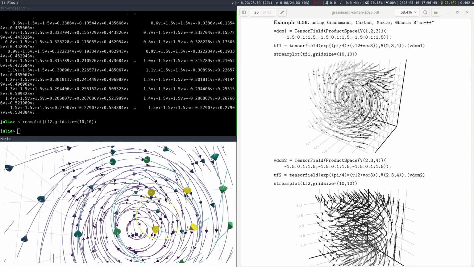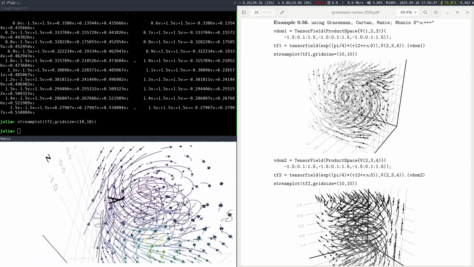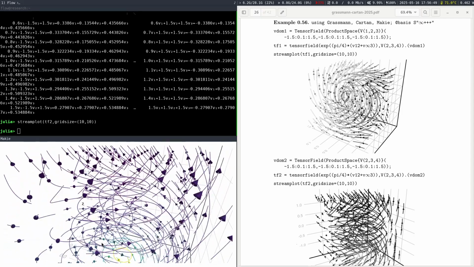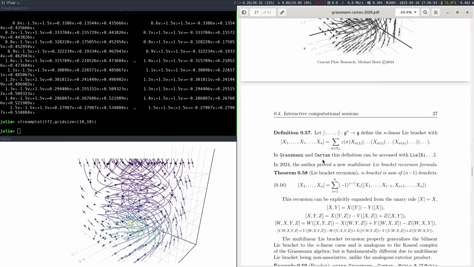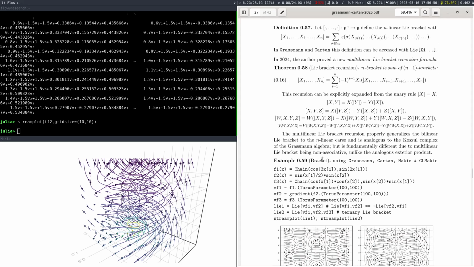It's another interesting one, I think. All right, so let's get into this. So this is the multilinear n linear Lie bracket.